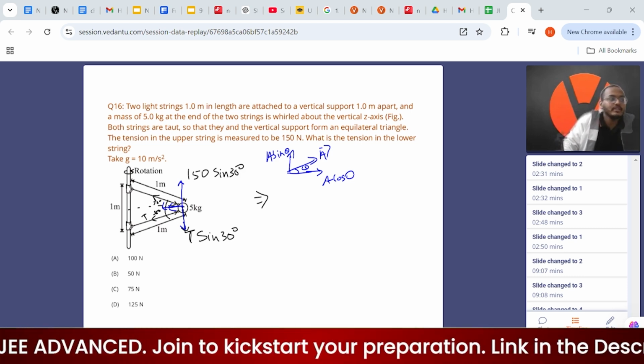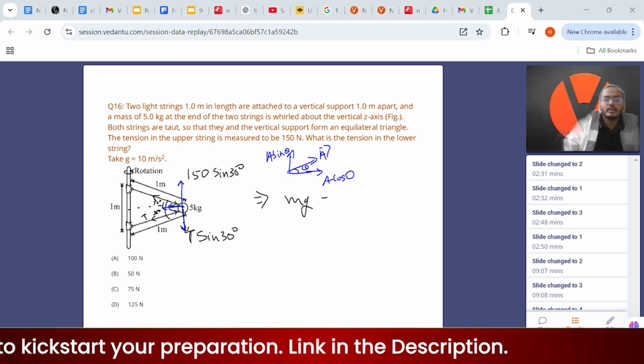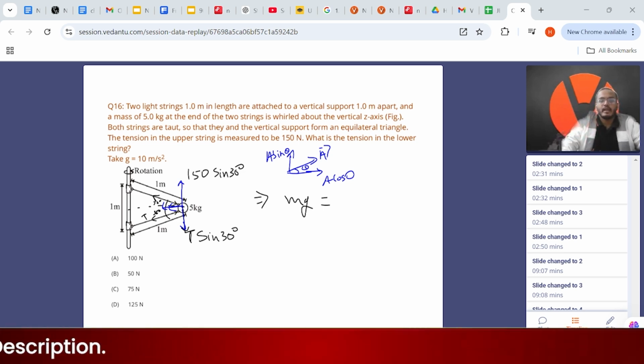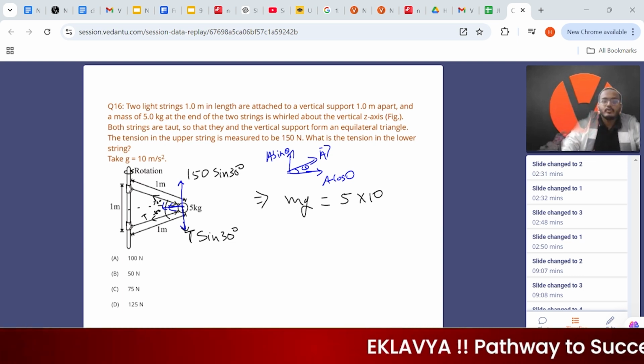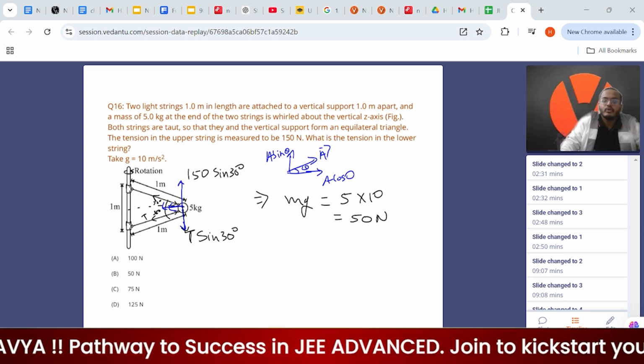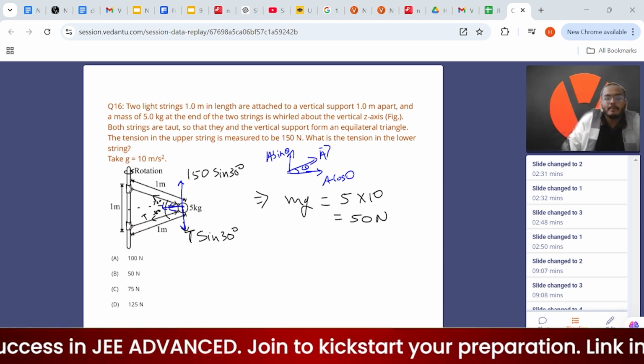So the difference between them will be equal to mg. Here mg will be equal to 5 into 10, which is 50 newtons.